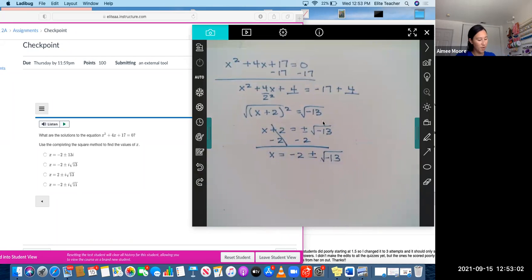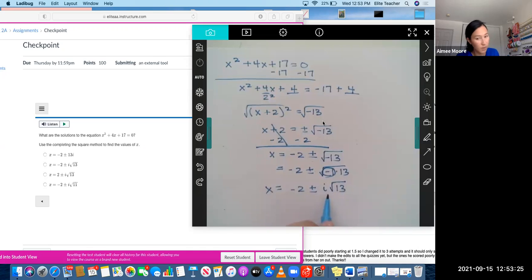Now we just need to simplify our negative radical. So -2 plus or minus the square root of -1 times 13. The square root of -1 we can take out because that is i, and then we're still left with the square root of 13.